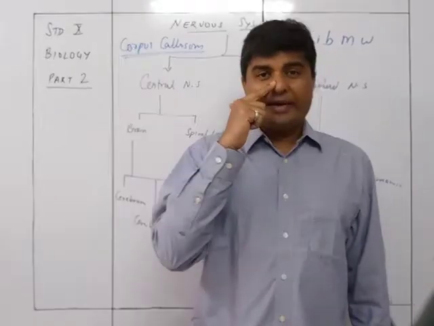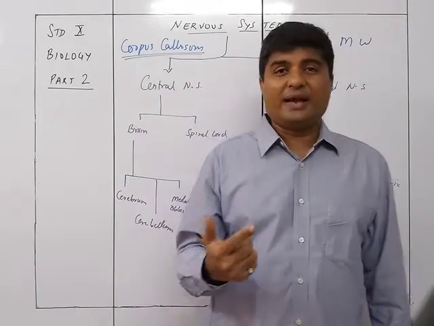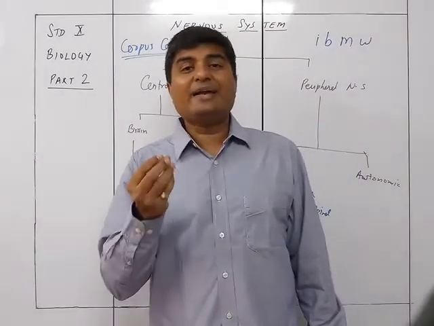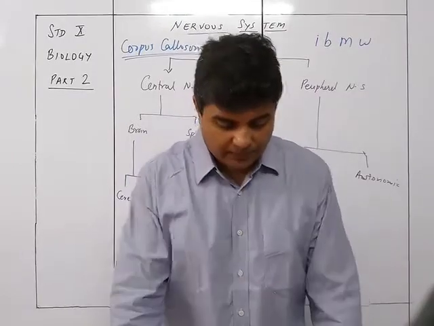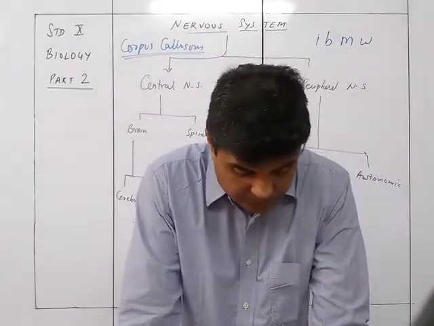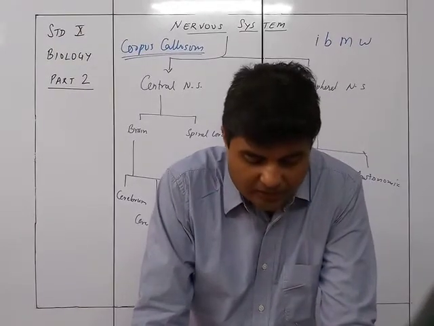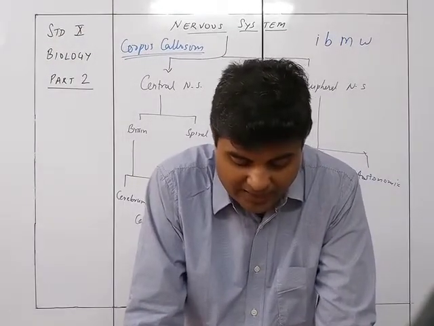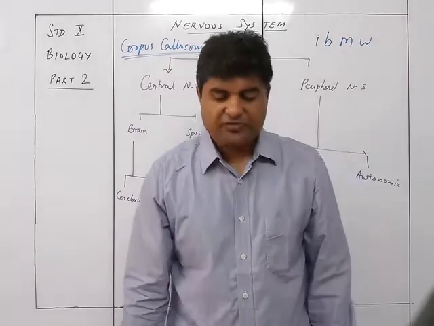These are three examples out of the 12 cranial nerves. The next is the motor nerve, like the one going to the eye muscles, and the mixed nerve, like the one going to and from the face and the tongue.